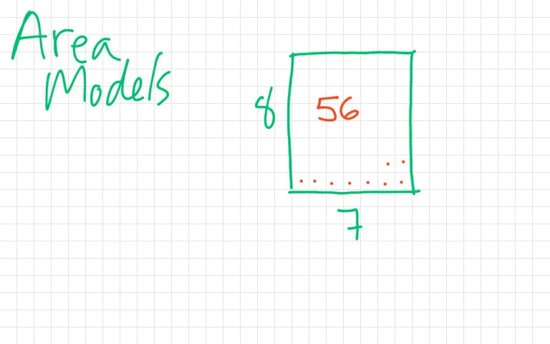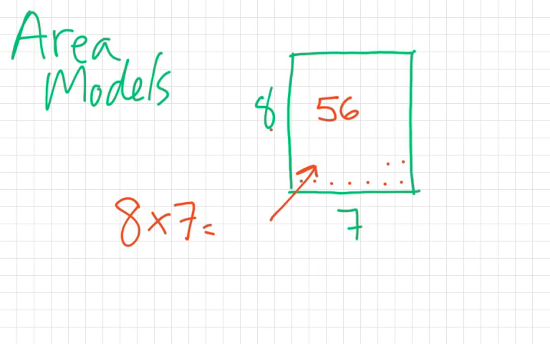The nice thing about an area model is you don't need to count them all up because you can trust that the area of a rectangle that is 8 by 7 is really 8 times 7, whatever the product of that is, the number of squares inside each area model.